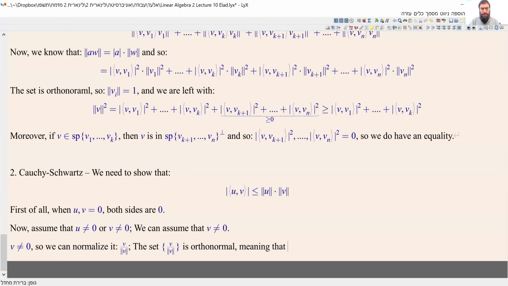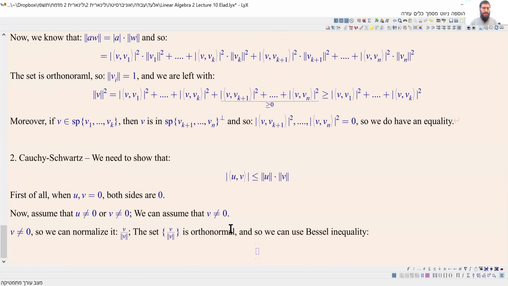So we can use the Bessel inequality over this set.